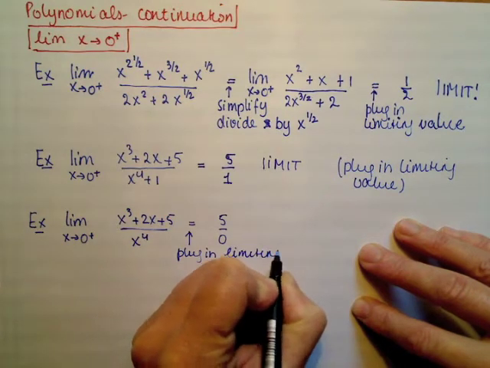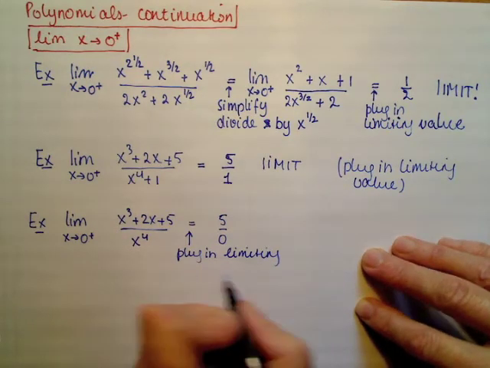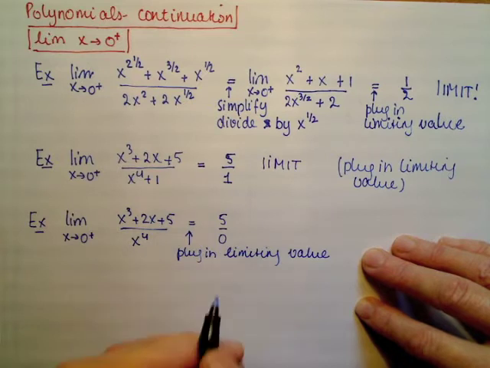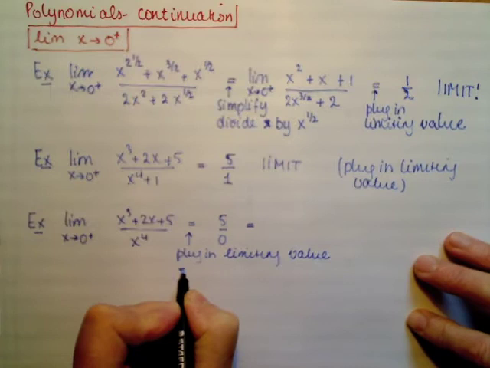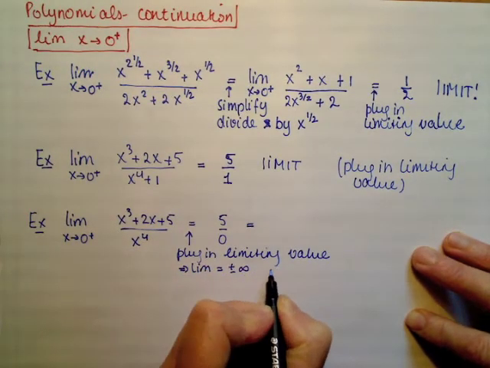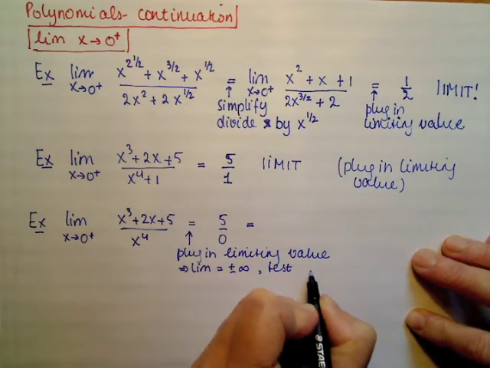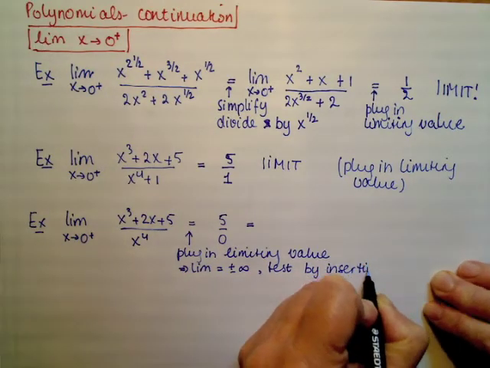Now, as we saw in the previous movie, in such a situation it means that the limit is either plus or minus infinity, and you can check this by plugging in a very small positive number.